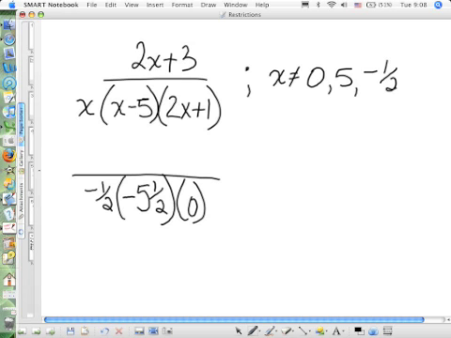As long as there's one 0 being multiplied, the whole thing's 0. Okay? So, yes, it is possible. But we want to make sure one of them, whichever one, does not equal 0.